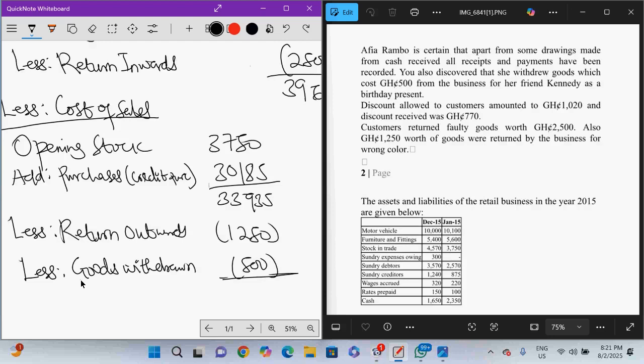So how much will we have? 32185. Right, there will be less closing stock.